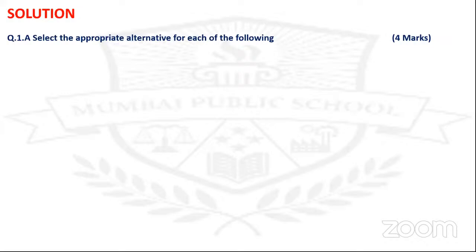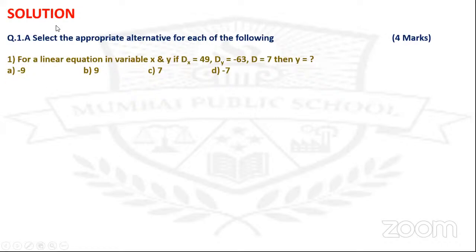Question number 1A, select the appropriate alternative for each of the following. Now, this is a 4-mark question. Simple questions, you need not lose 4 marks in this. Check. Question number 1. For a linear equation in variables x and y, if Dx equals 49, Dy equals minus 63, D equals 7, then you have to find the value of y.